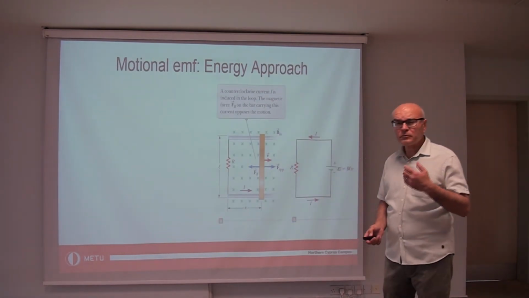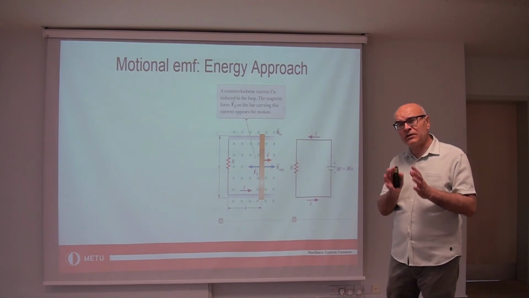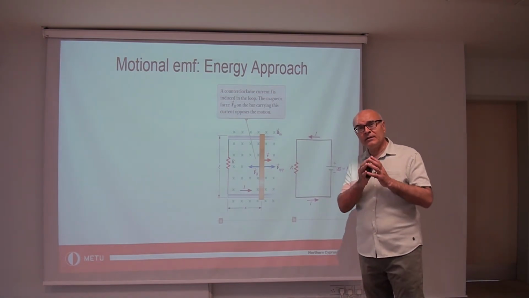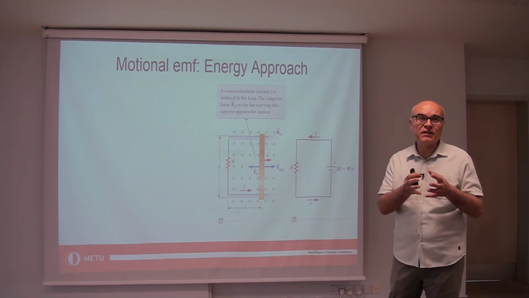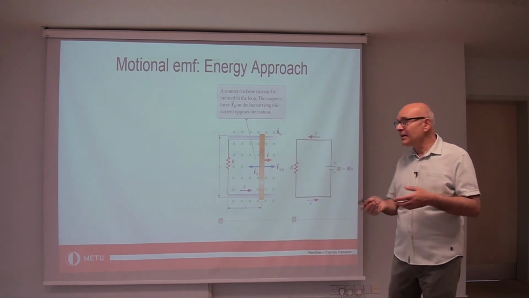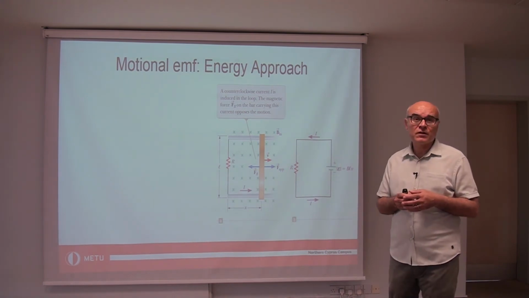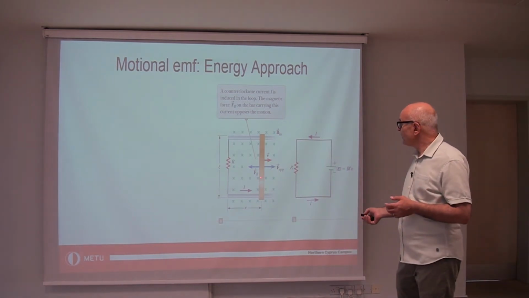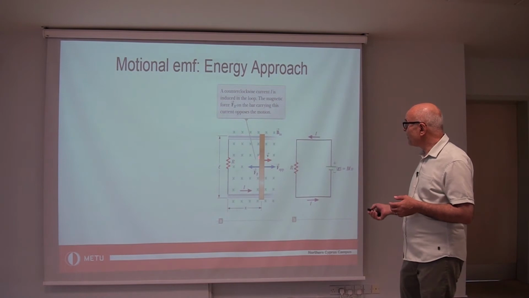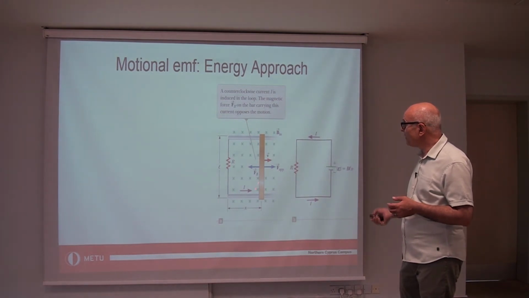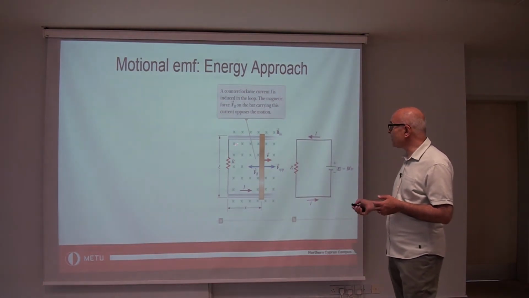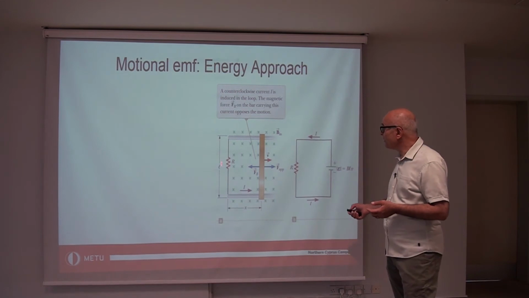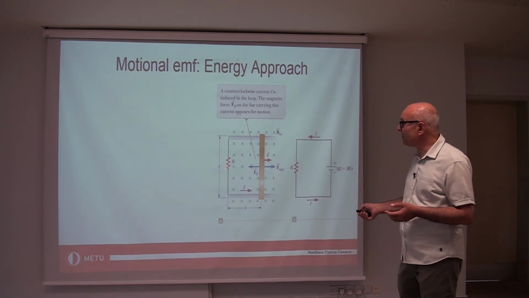Now we come to a very important point, which is the energy transfer that takes place when a motional electromotive force is generated. We have just seen that when this is moving, there is a current flowing in the circuit, and with time there will be power dissipated in the resistor.